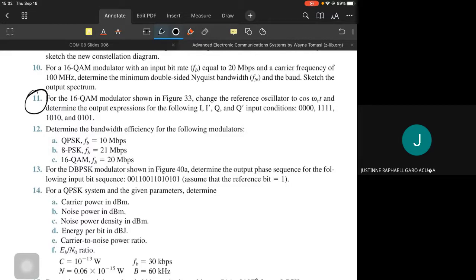For a 16 QAM, change the reference oscillator to cosine instead of sine.